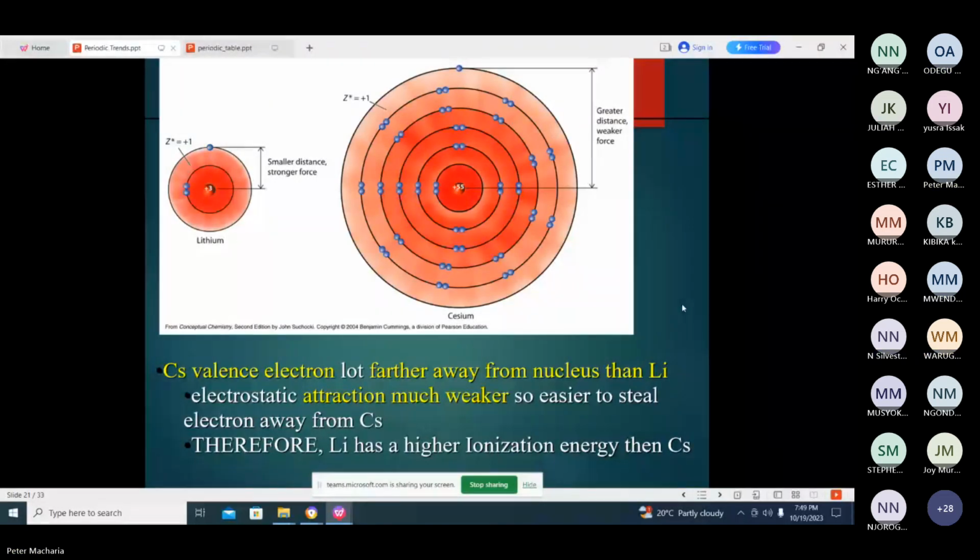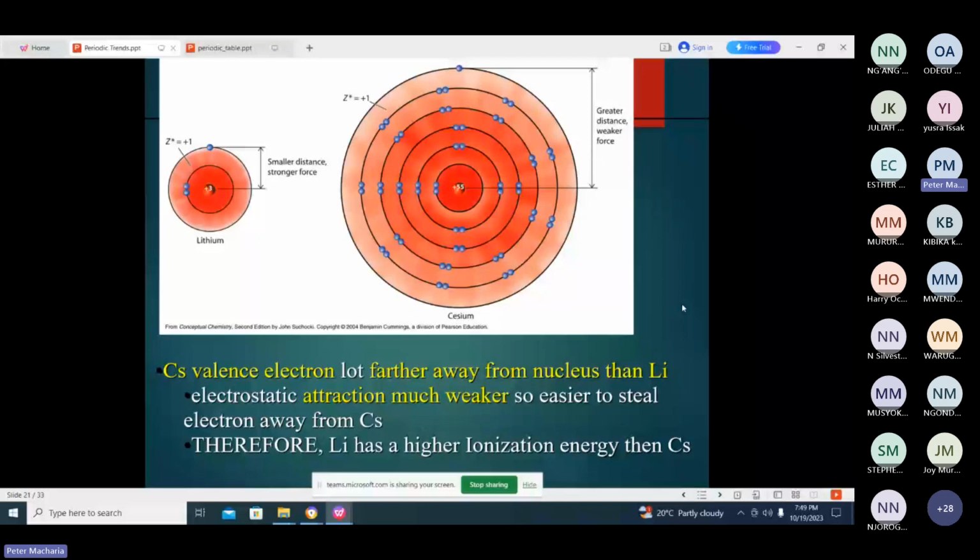The outermost electron in lithium is very near the nucleus, because it only has two principal quantum levels, right? So the outermost electron in lithium has very minimum shielding by the inner electrons, and also it's very near the nucleus, so the effective nuclear attraction is high, right?